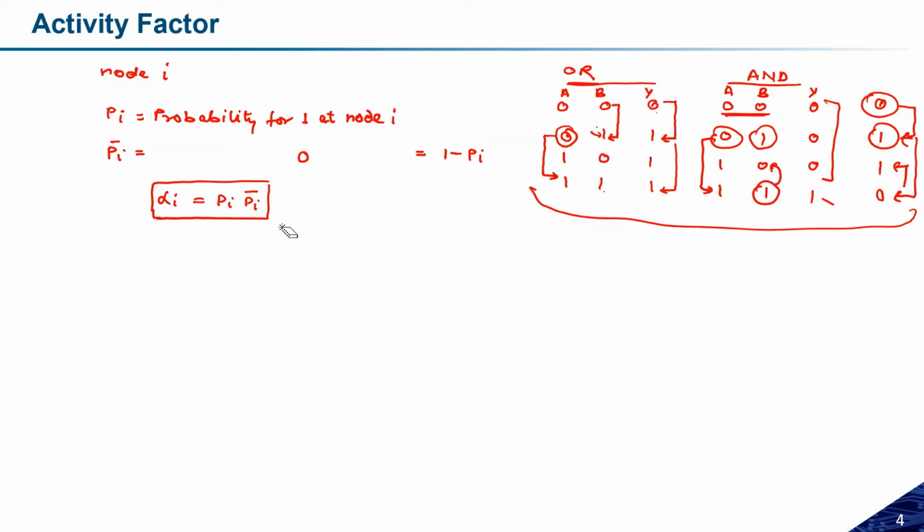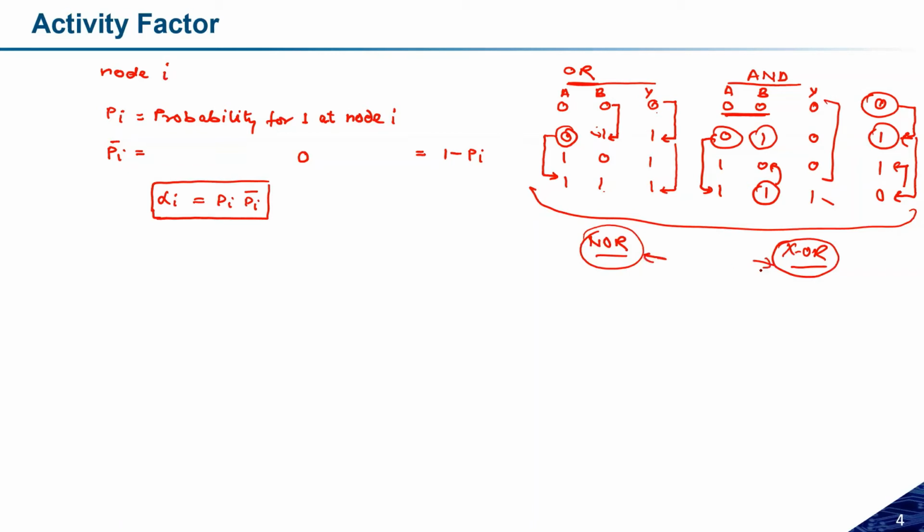Now the question is, what about the algorithm? Suppose I am designing a circuit with the help of, let us assume, a NOR gate. And the second circuit I have designed with the help of an XOR gate. With the XOR I am getting more switching probability as compared to the NOR gate. NOR is the opposite of OR, so the switching probability in the NOR is less as compared to this one.